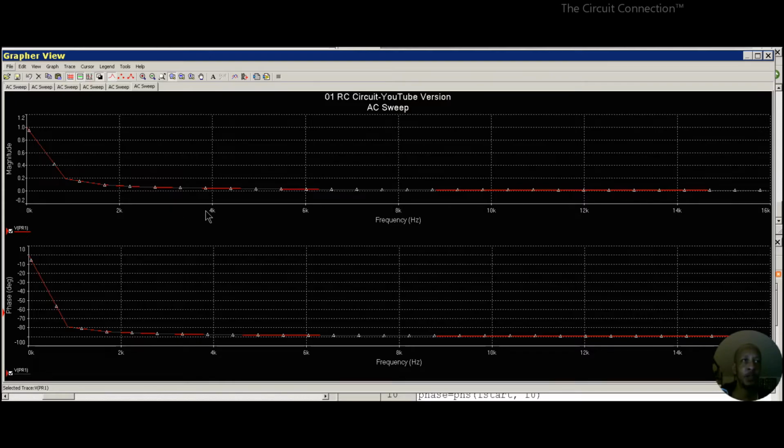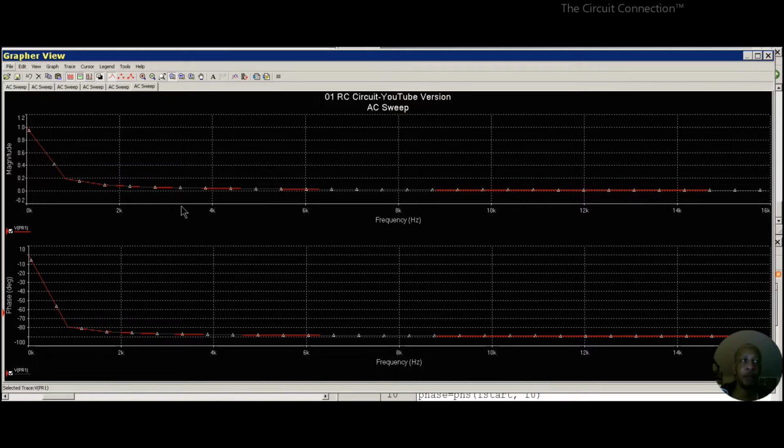These steps are linear, but look what the graph looks like. It's a matter of converting this into something that gives you more intuitive information.